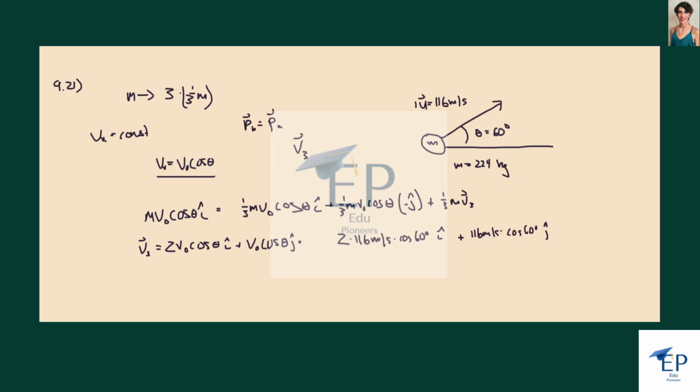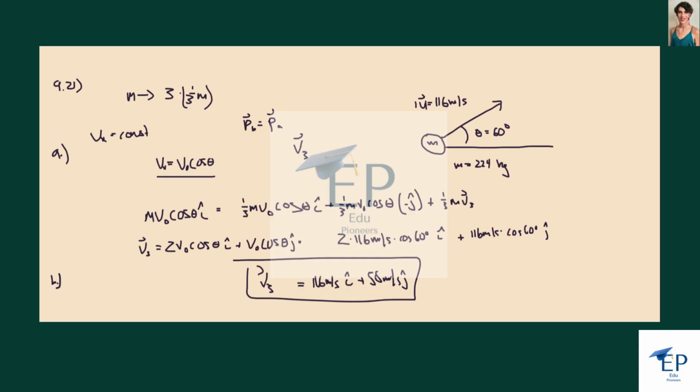If we plug all that in, we get the velocity vector of the third fragment as 116 meters per second i hat plus 58 meters per second j hat. So that was part A.